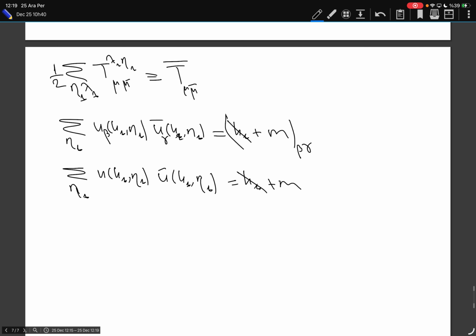Remember what u was: square root of sigma k xi, square root of sigma bar k xi, where xi is whichever helicity you have.